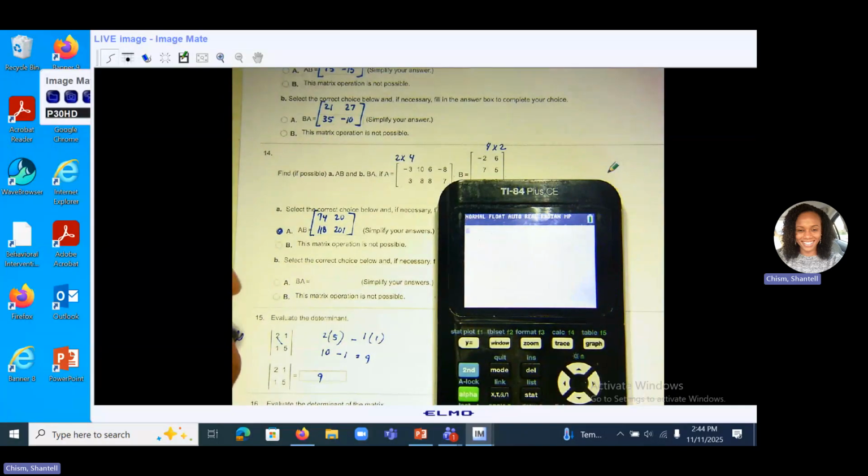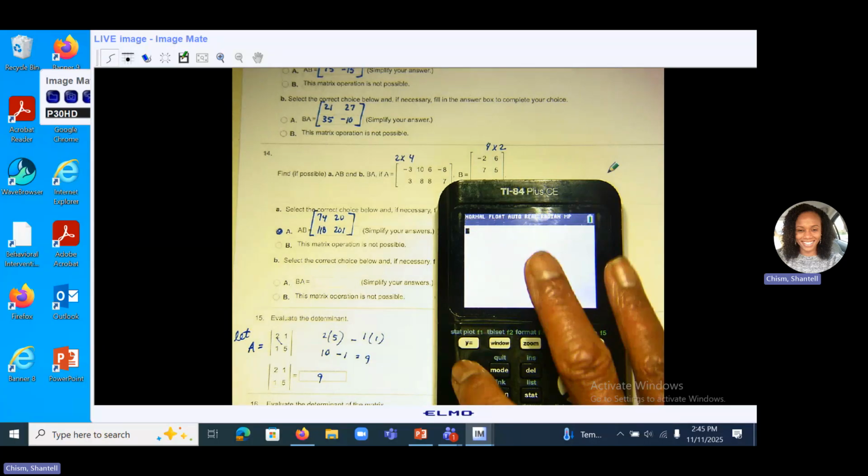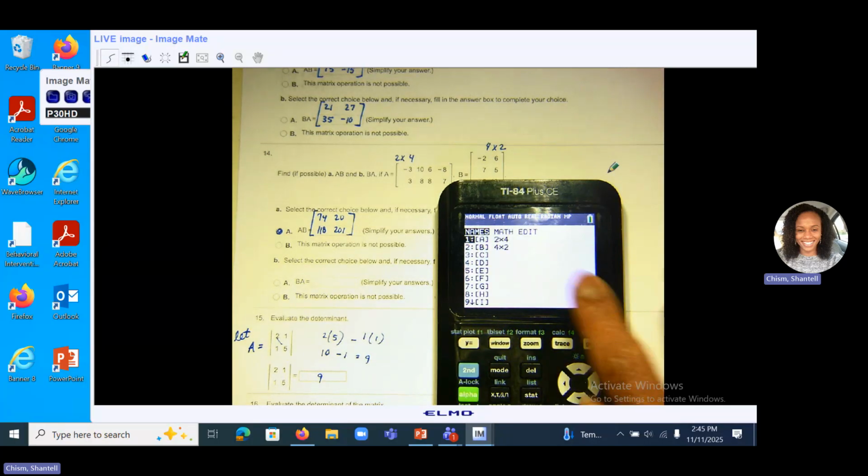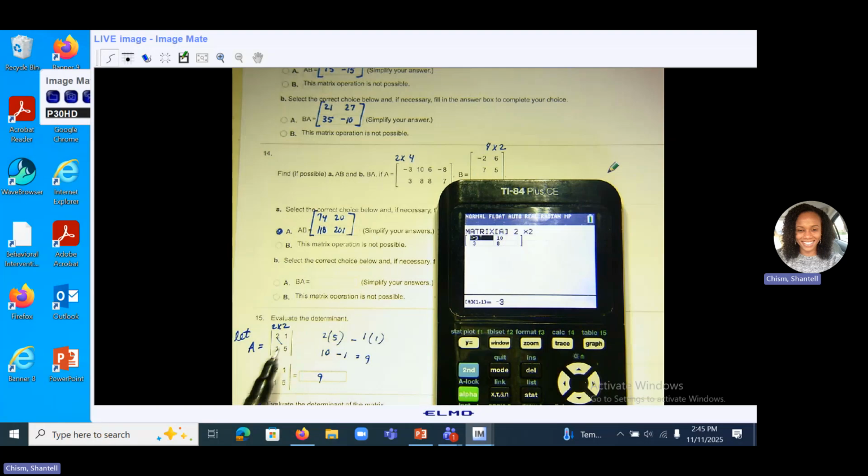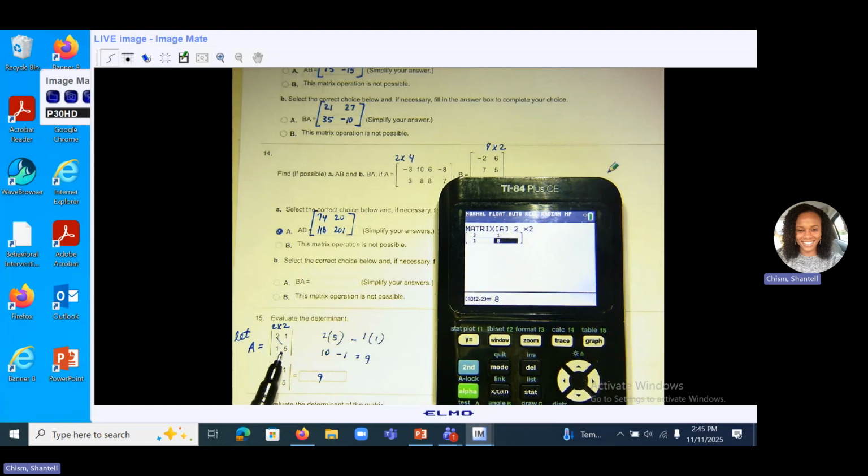So let this matrix be matrix A. I'm going to press second matrix on my calculator, go over to edit, and this is a 2 by 2. Putting in 2 by 2. So this is 2, 1, 1, 5.